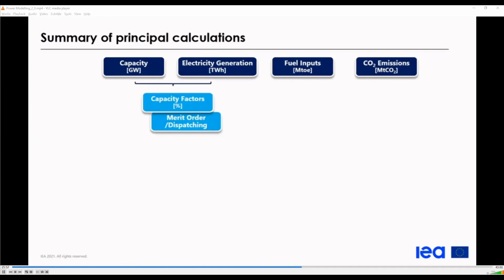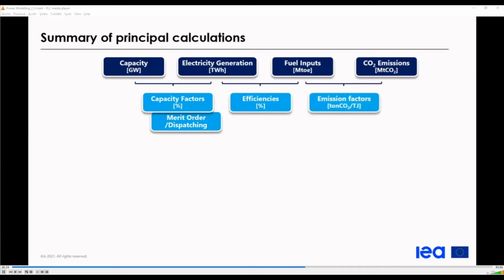We have capacity factors and merit order that are linking installed capacity and electricity generation. We have efficiency that connects electricity generation and fuel inputs. Fuel inputs and CO2 emissions are related through emission factors.